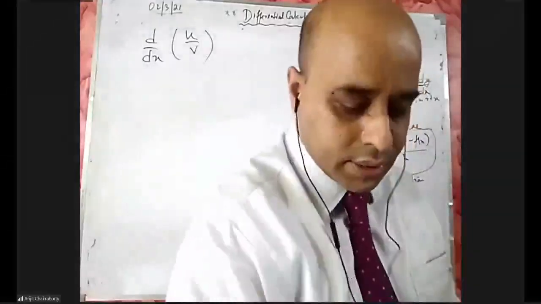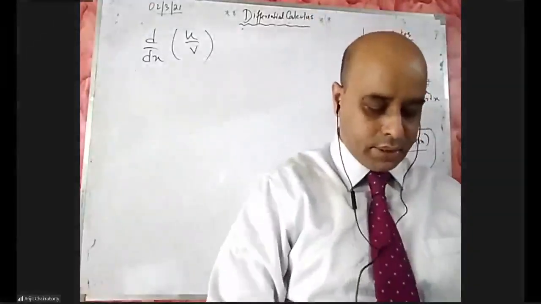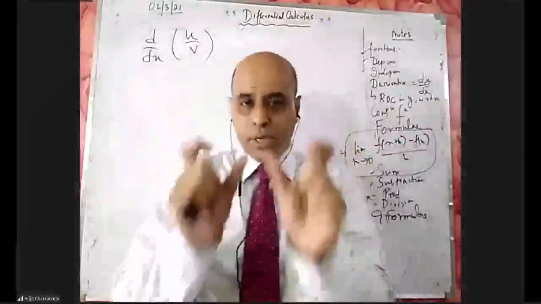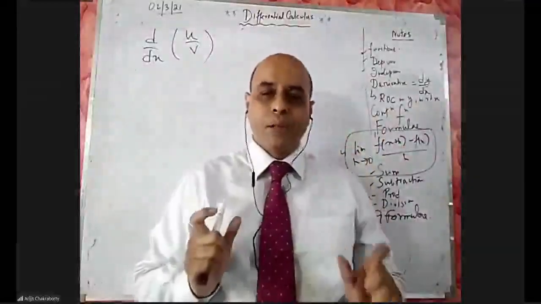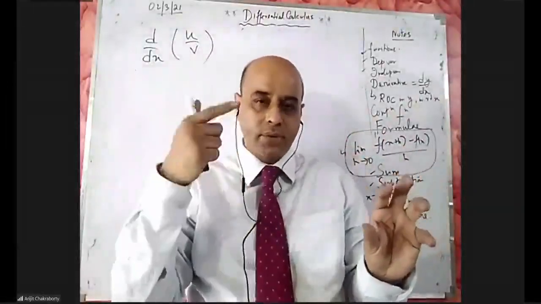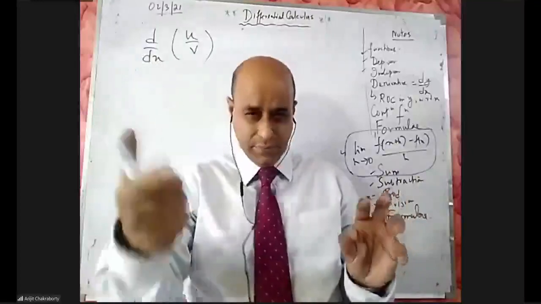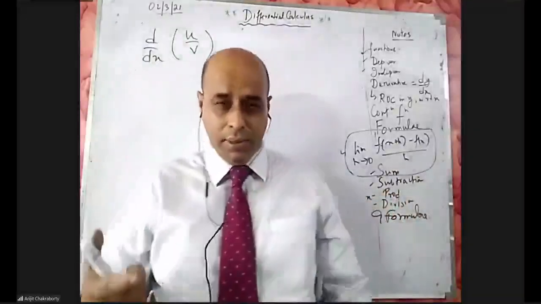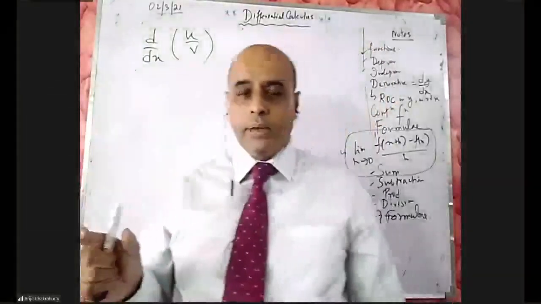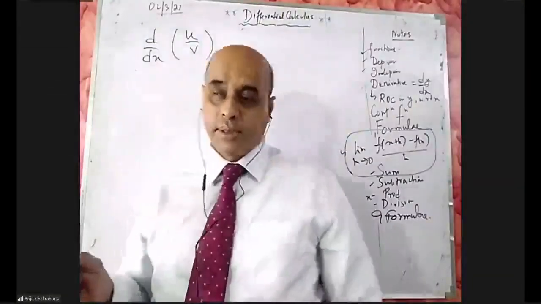In the last example, when there was a multiplication of two functions u and v, we kept u outside and targeted v, doing dv by dx, the derivative of the second function. Here it will be the opposite.